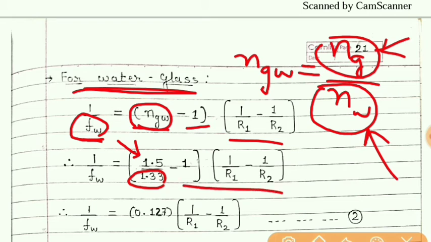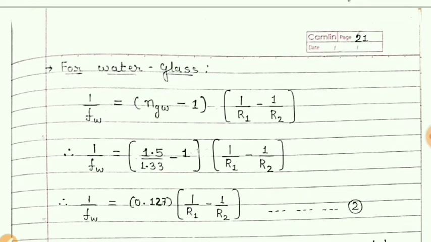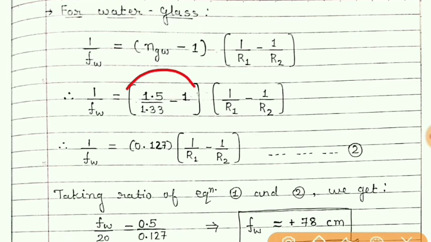Rest of the things as it is. Calculating this, you will get 0.127 approximately. Let us give this equation number 2.